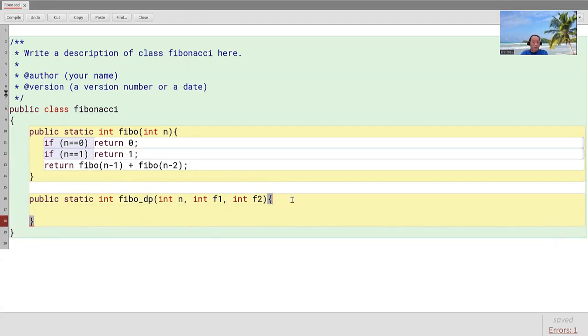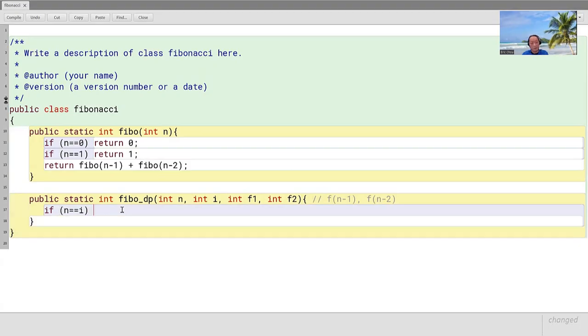These two numbers represent f of n minus 1 and f of n minus 2. And then you should also have the running index I. So if n equals I, you return f1 plus f2.